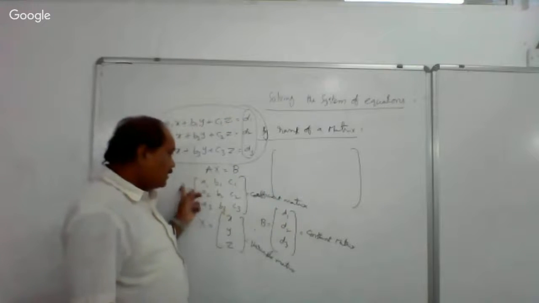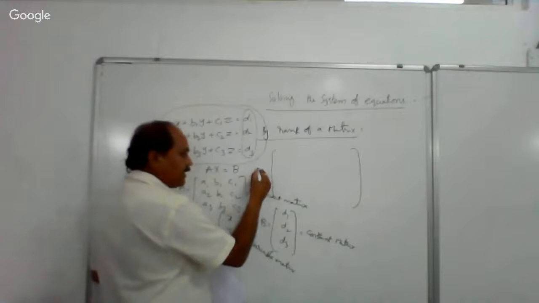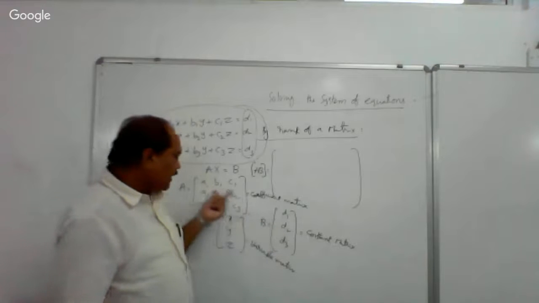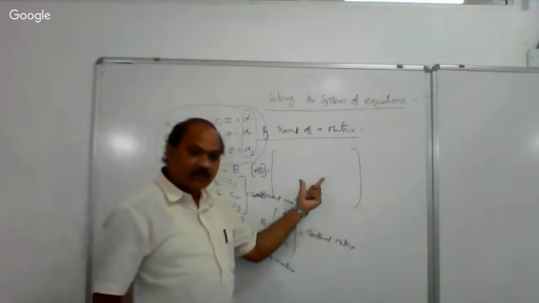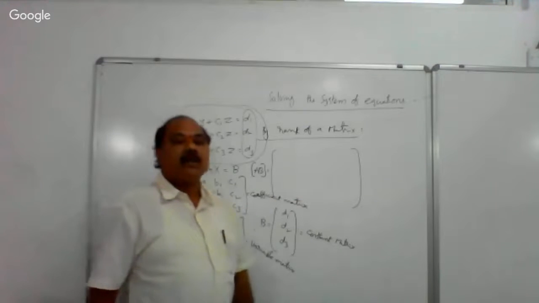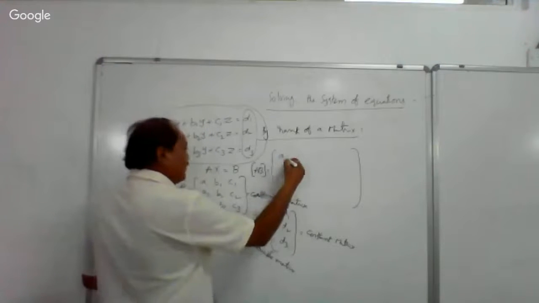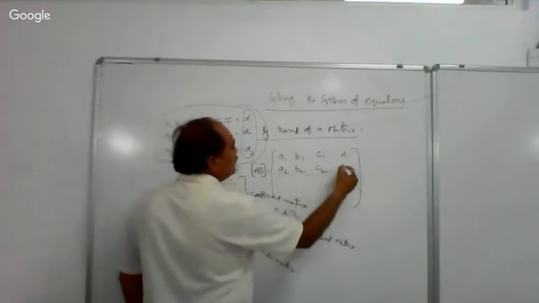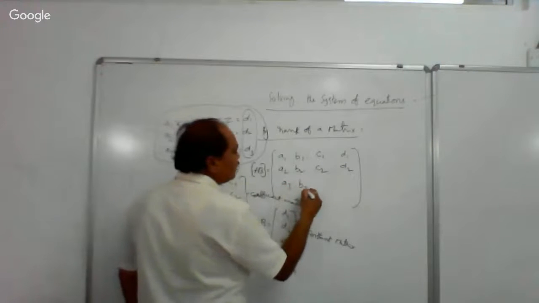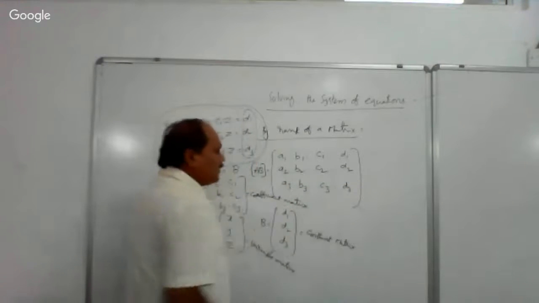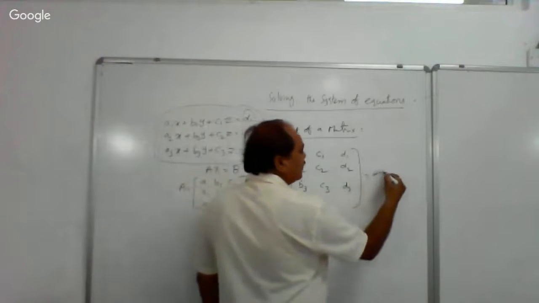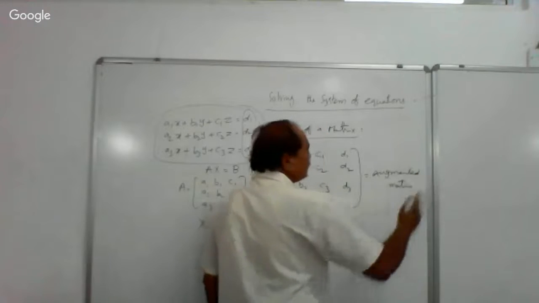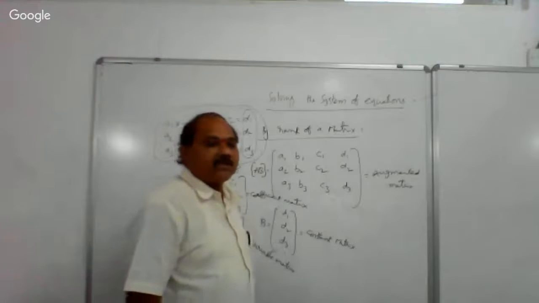If you write A and B side by side in only one arrangement, that is called the augmented matrix, nothing but a1, b1, c1, d1, a2, b2, c2, d2, a3, b3, c3, d3. It is called the augmented matrix. Okay?